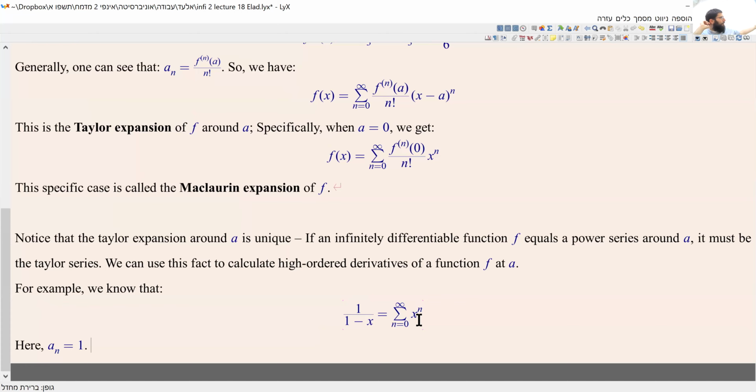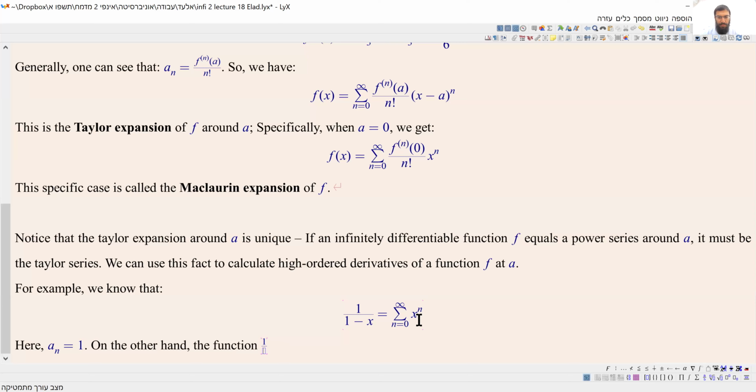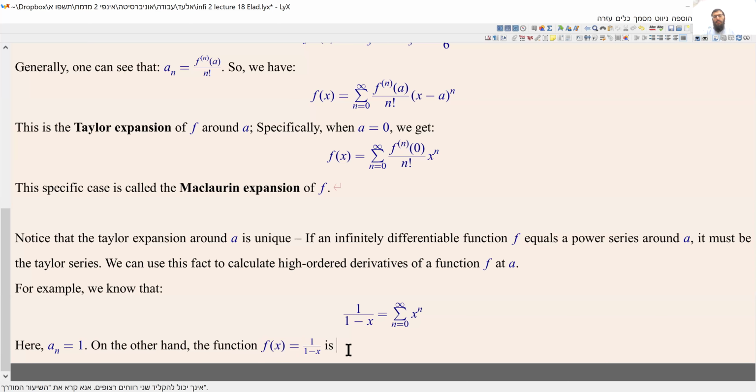Coefficients in the series are all 1. On the other hand, the function 1 above 1 minus x, let's call it f, is infinitely differentiable at 0.